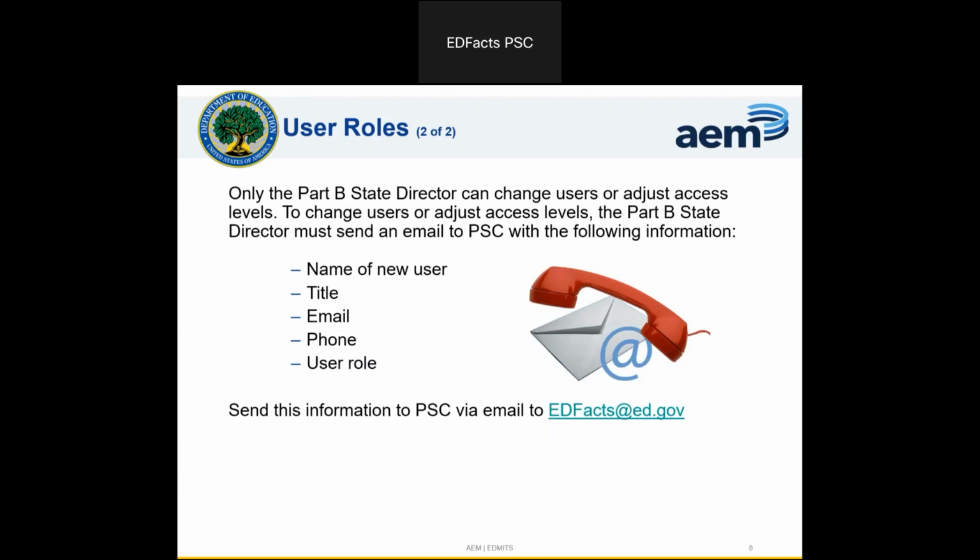If a new account is required, we do require their name, title, email, phone number, and the user role to get the account set up. So if you do need any updates or you'd like to create a new user, deactivate any users, please contact the Partner Support Center via email at edfax@ed.gov.